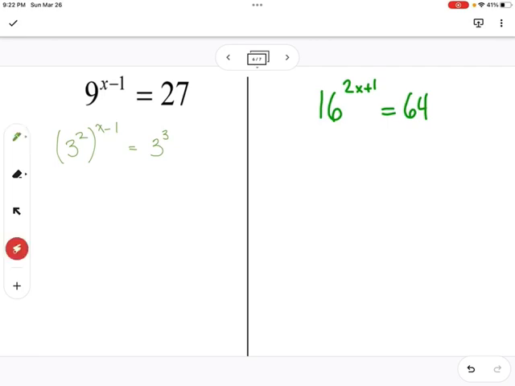Okay, remembering our exponent laws, when we have a power of a power, that means we multiply. So we are going to do the 2 times x and 2 times negative 1. So we're going to get 3 to the exponent 2x minus 2 equals 3 to the 3. Okay, same base, we can drop those and we're just left with 2x minus 2 equals 3.